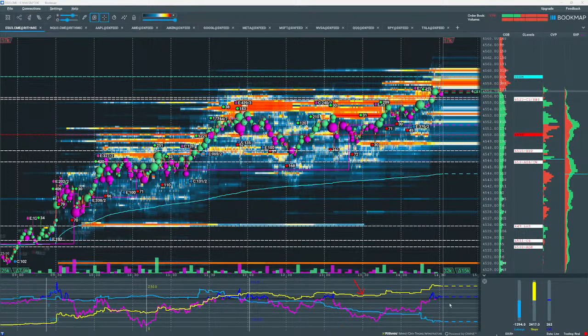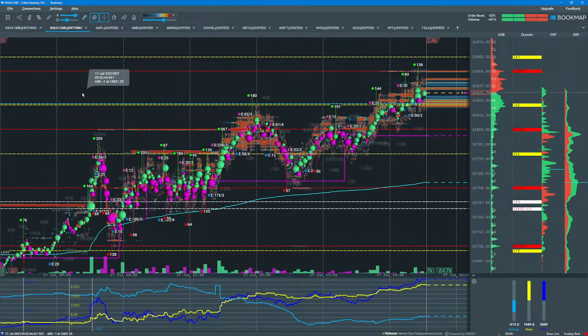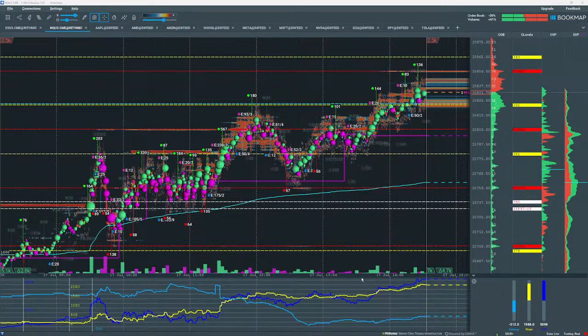Rising yellow line, buy stop orders. Same for Nasdaq, buy stop orders, and also CVD rising as price continues to slowly grind higher.